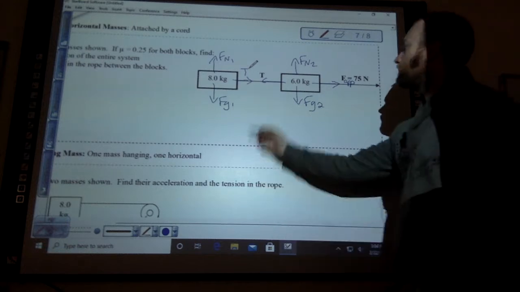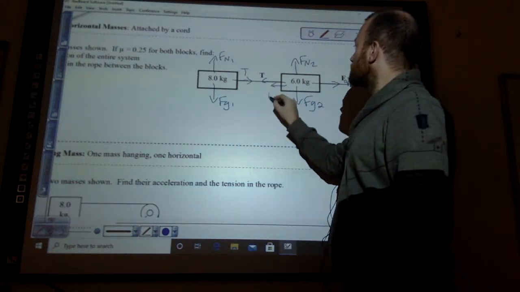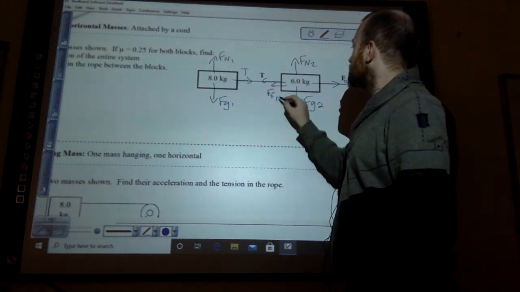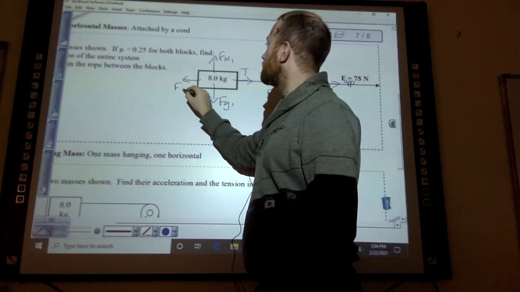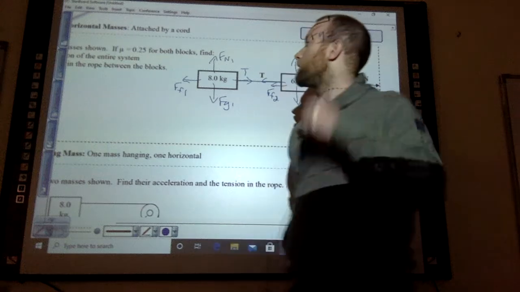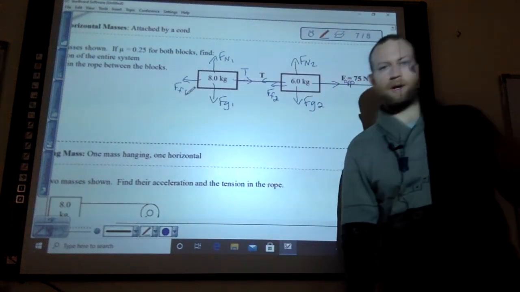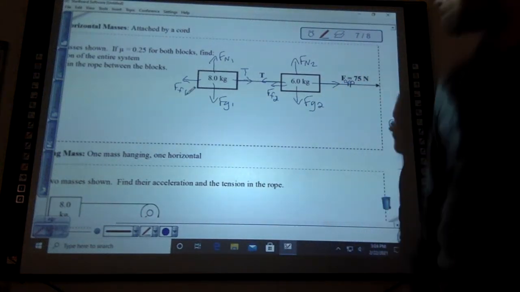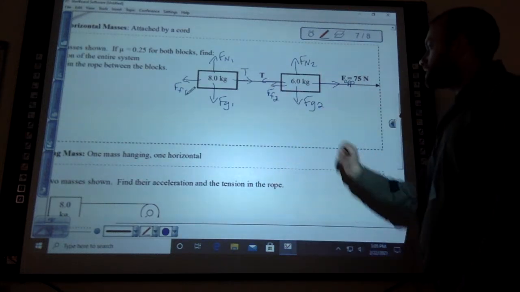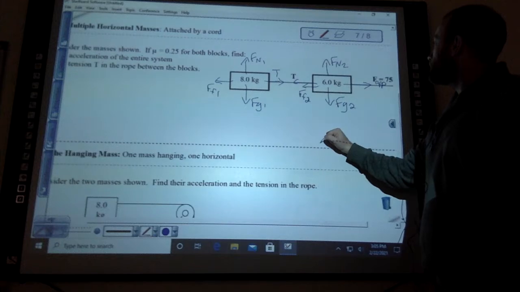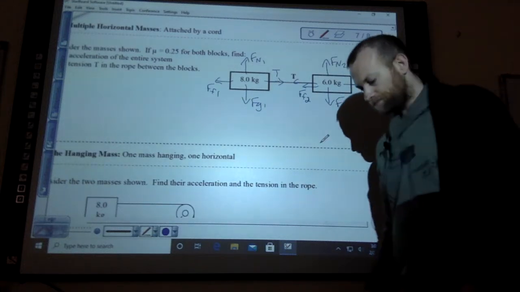Coefficient of friction, so we have friction force. So I've got force of friction 2, because I called this the 2, and force of friction 1. So you can see in our F net equation, we're going to have lots of forces. However, that's not going to freak us out when we actually solve this, because we can still do it pretty easily.